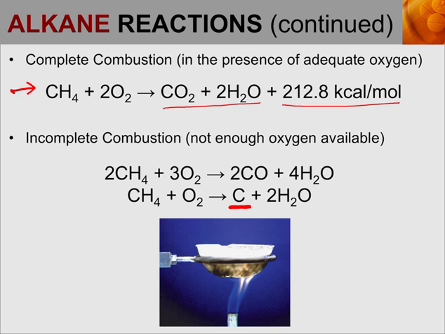We'll just talk about complete combustion here. Now also with complete combustion, notice that we have molar ratios between all of the different molecules. So we have one methane molecule that reacts with two oxygen molecules, and then we produce one carbon dioxide molecule and two water molecules.